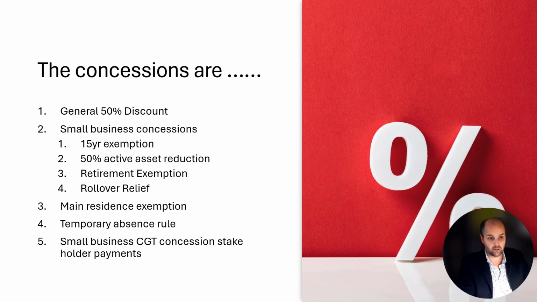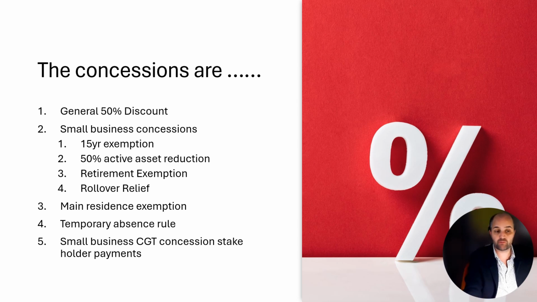Simple as that. The rollover relief is like reinvesting your capital into another active asset, like upgrading in a way. This is where the concessions help small businesses and other businesses and trusts invest and grow within their own business.